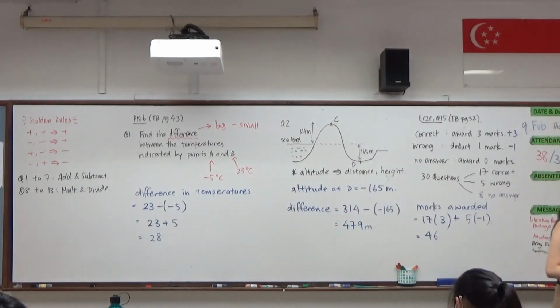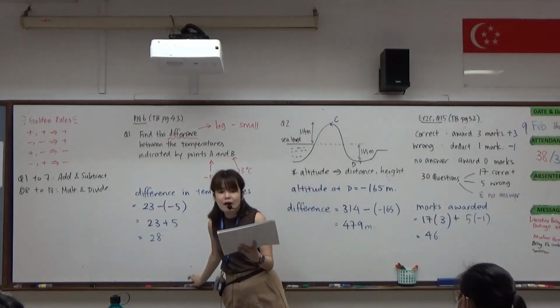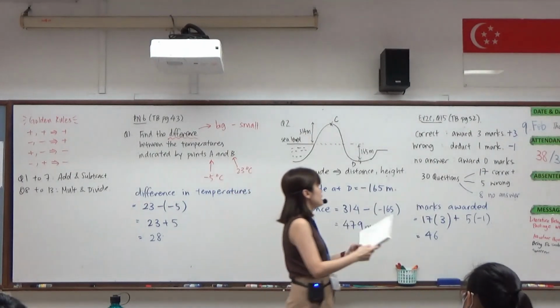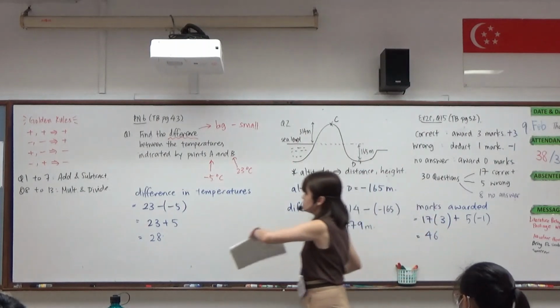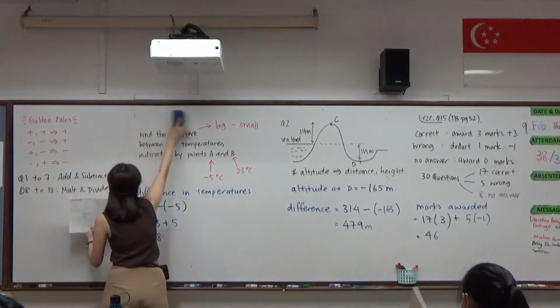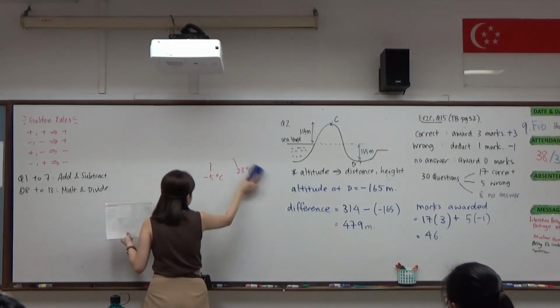So for 2.4 and 2.5, just learn how to press the calculator. However, I want us to all make sure we know how to press also. Can we all turn to our textbook, page 57. Let me just clear this whiteboard first.